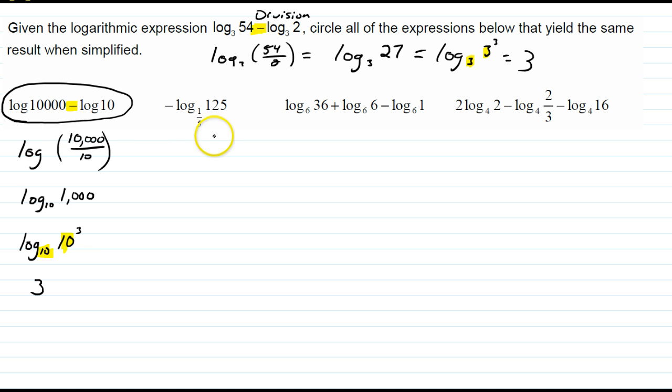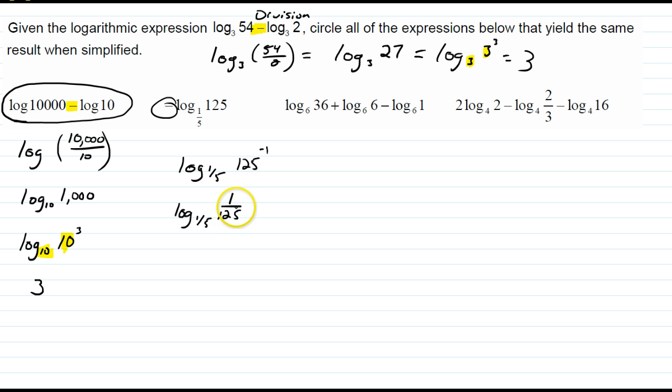Now as we do the next one, notice the negative out front. And so we're going to bring that negative in. And so this becomes 125 to the negative 1. With our base of 1/5, this negative 1 is the same as 1 over 125.